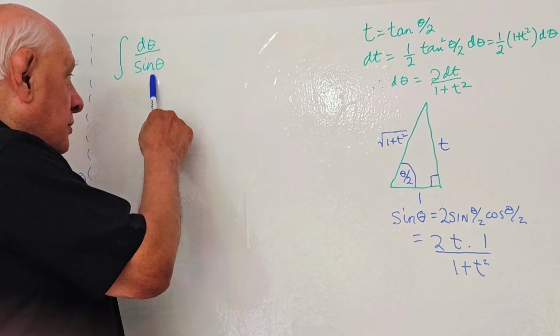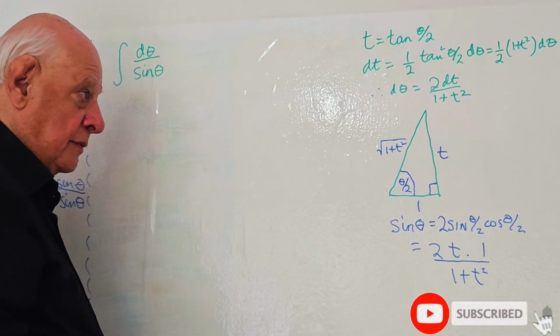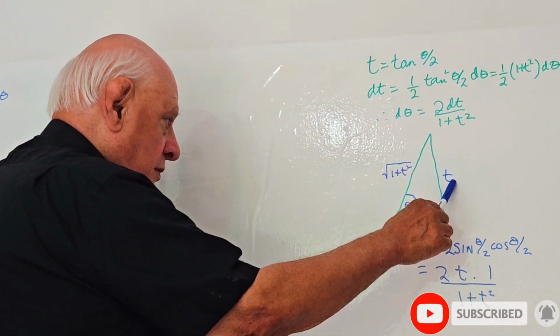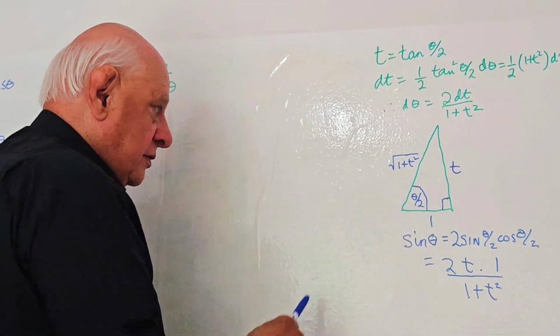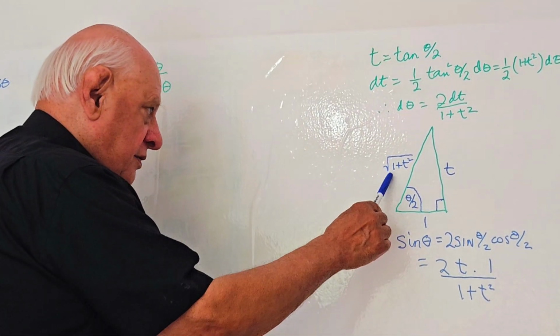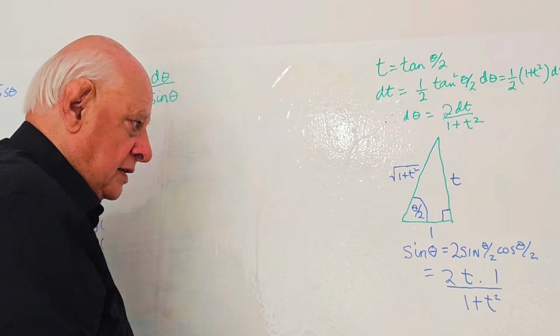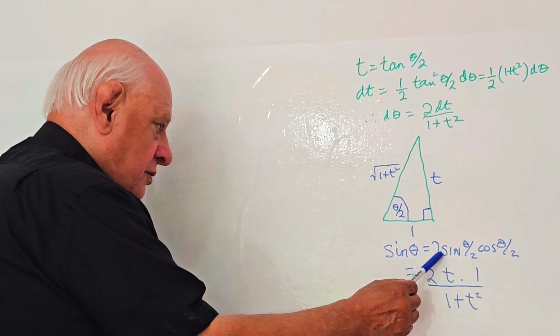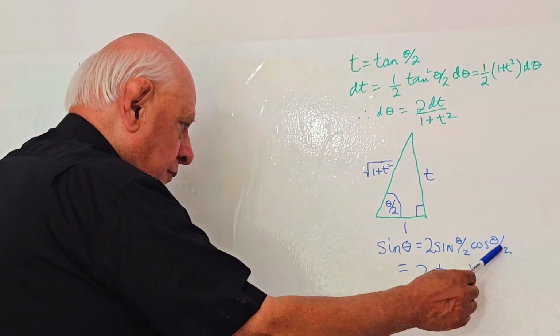We also want to see what sine theta is going to be in terms of t, so I've drawn a little triangle here. T over 1 is tan theta over 2. Using Pythagoras' theorem, that will be the square root of 1 plus t squared. And I'm just using a little bit of trigonometry here. Sine theta is 2 sine theta upon 2, cos theta upon 2.